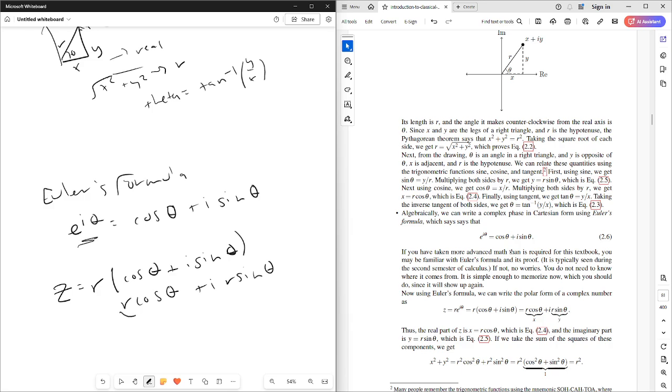So this gives us x, and this gives us our y. So we can take this to x plus iy, which is our complex viewpoint.